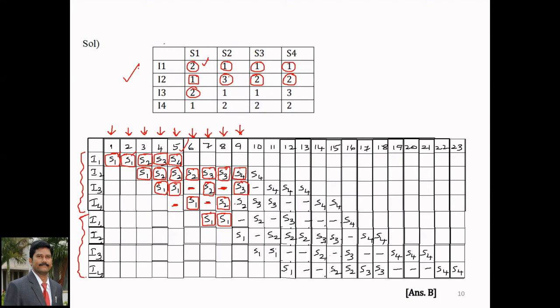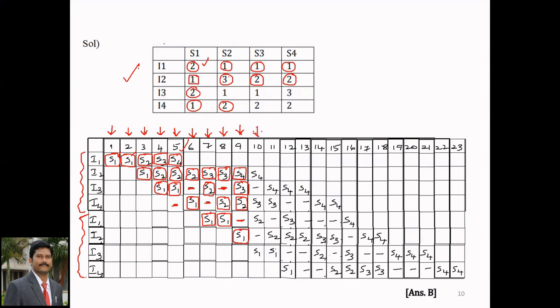I4 continues in the next stage because it takes 2 clock cycles, so S2 continues. Because S2 is busy, I1 once again should not enter S1, so it has to wait. Here S1 is free, so I2 in the second iteration enters.